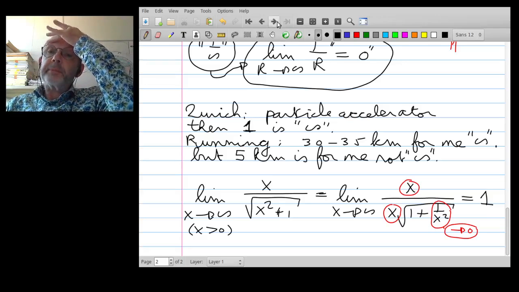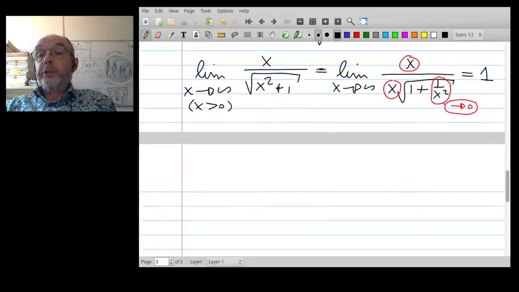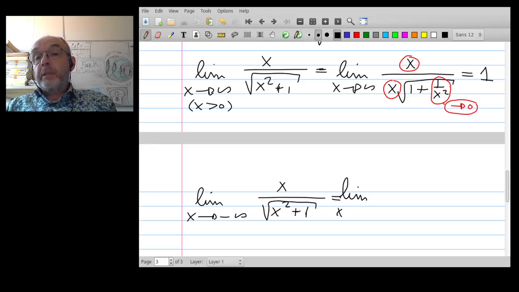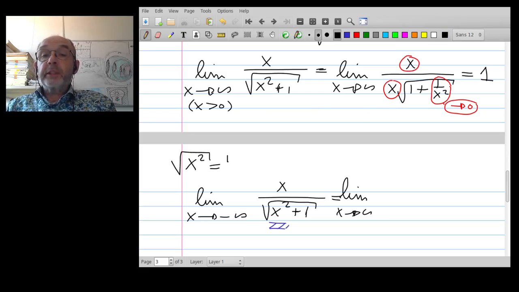But be careful. We can also take the limit as x goes to minus infinity of the same expression. And then be careful, because if you want to take x squared outside the square root, keep in mind that the square root of x squared is always the absolute value of x.